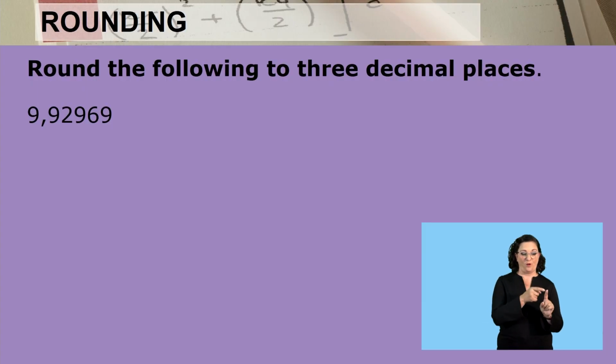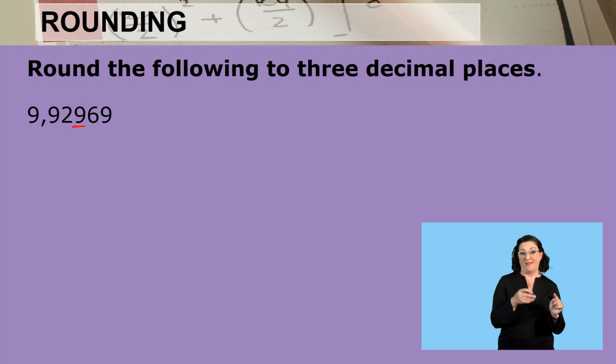Round the following to 3 decimal places. And let's read. Our decimal number is 9,92969. And we are rounding off to the 3rd decimal place.